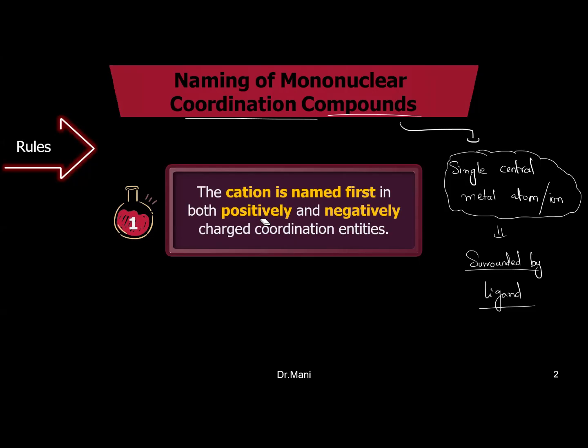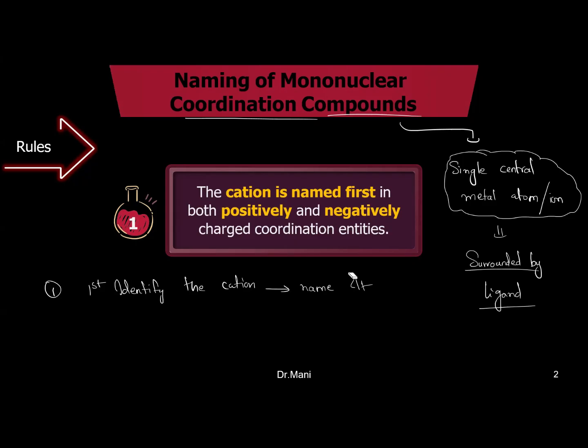In this, the cation is named first in both positively and negatively charged coordination entities. So what does that mean? When you are naming a coordination compound, the first thing you need to do is identify the cation, and name it.